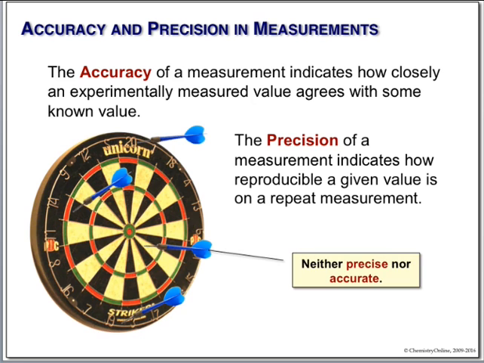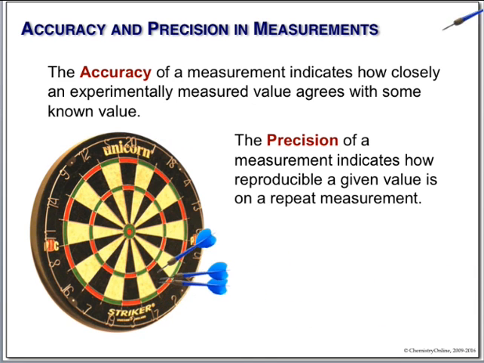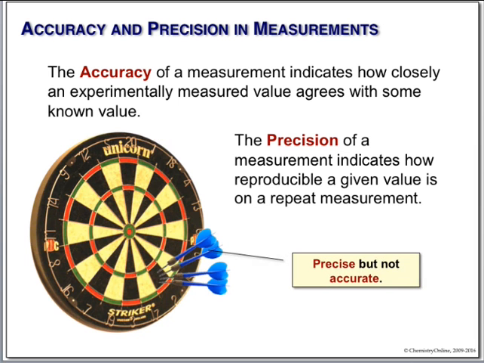They're just scattered everywhere. Here we have a very precise measurement. They're all grouped together here in the same spot, but they missed. So they're very precise, but they're not accurate. Precision tells you how reproducible something is.